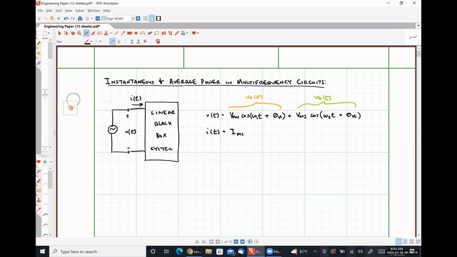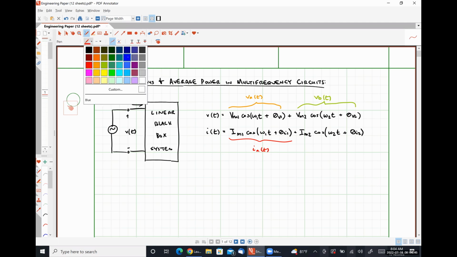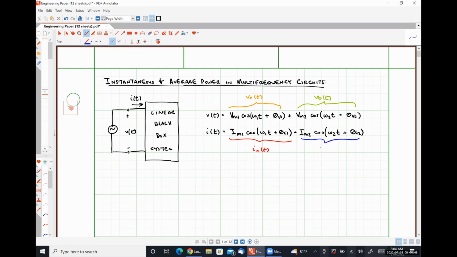So that'll be Im1 cosine omega 1 t plus theta I1 plus Im2 cosine omega 2 t plus theta I2, where we'll call this part IA of t and this part IB of t.